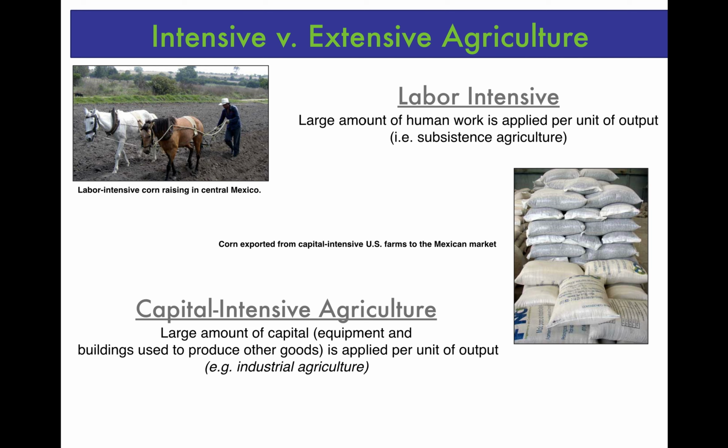As it says on the left, there's labor intensive corn raising. If you're not using large scale industrial agriculture, then the production of that corn is going to be labor intensive. Shifting cultivation is also tremendously labor intensive.